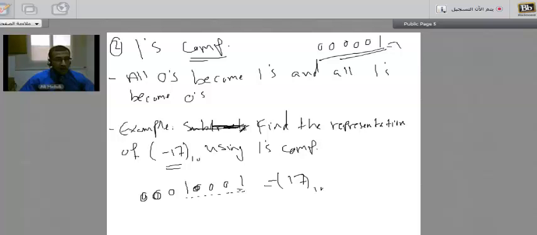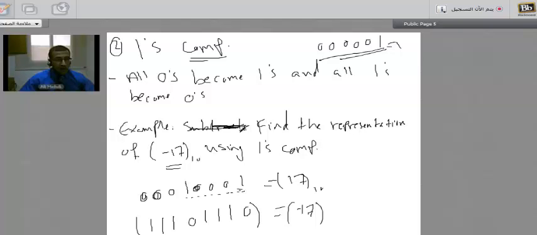Now let's convert it into minus 17. Let's go back to the rule. The rule says all zeros become ones and all ones become zeros. So the minus 17, according to the ones complement rule, will be like this: 0 1 1 1 0 1 1 1.